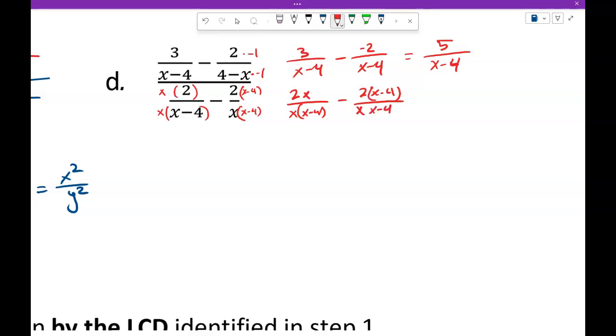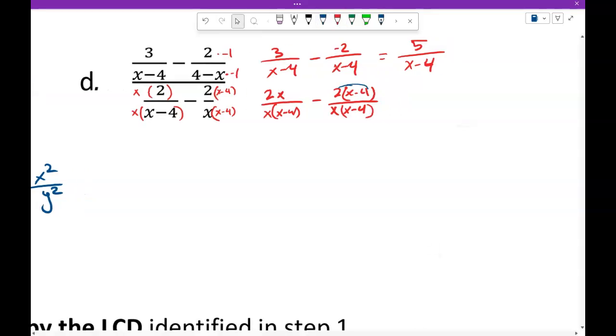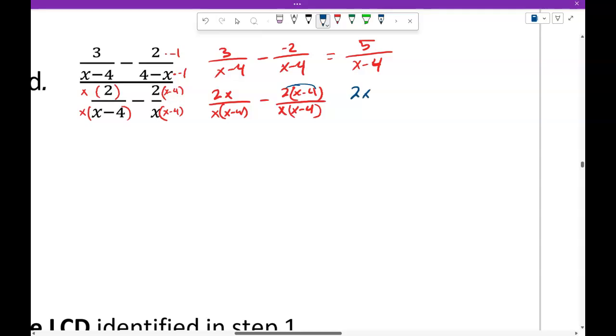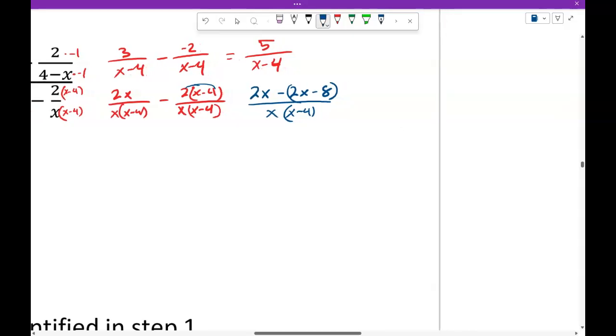Put that parenthesis in the wrong spot. We'll want to distribute the 2. And we are subtracting 2x minus 8, which means we're left with 8 over x minus 4.